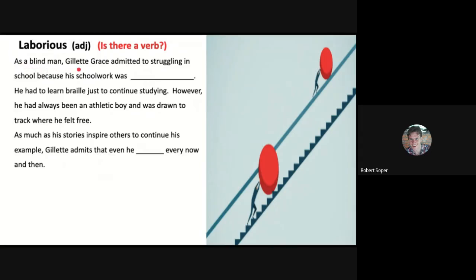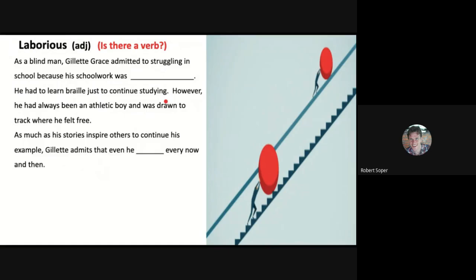So, as a blind man, Gillette Grace admitted to struggling in school because his schoolwork was laborious. Laborious. He had to learn Braille just to continue studying. That's why his schoolwork was laborious and difficult. It's because he had to learn Braille just to continue studying. For those who don't know, Braille is a type of reading that you do with your fingers instead of your eyes.